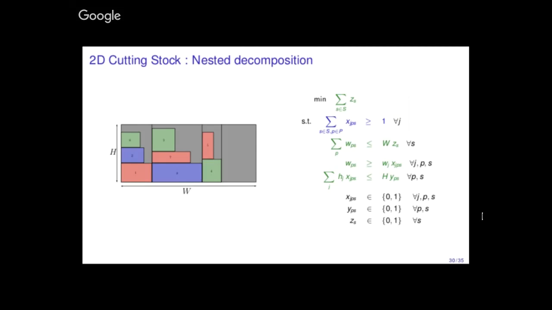So now your items have a width and a height, and you must define these strips. And for each strip, you define, let's say, a 1D cutting pattern. So the formulation looks like this. You must cover all the items subject to the constraints on your strip. This is the stock material and you're cutting it, right?